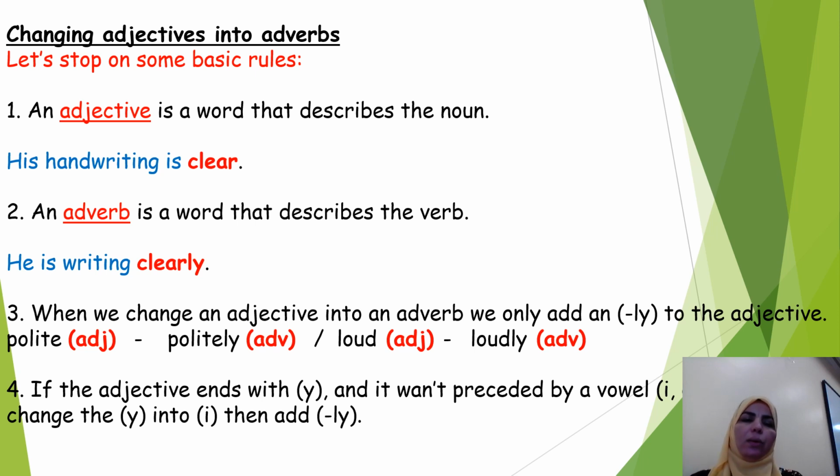Rule number 4: if the adjective ends with y, and the y is not preceded by a vowel, which are I, O, U, A, E, change the y into i, then add ly. I will explain this rule. Here we have an example, noisy, an adjective.